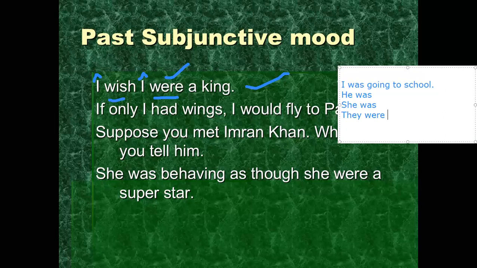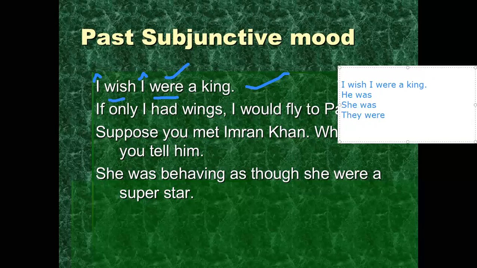In case of the subjunctive mood, or especially the past subjunctive mood, we violate this rule. So instead of the singular verb, we write the plural verb, because we want to tell that this is something not possible, and that is being imagined.